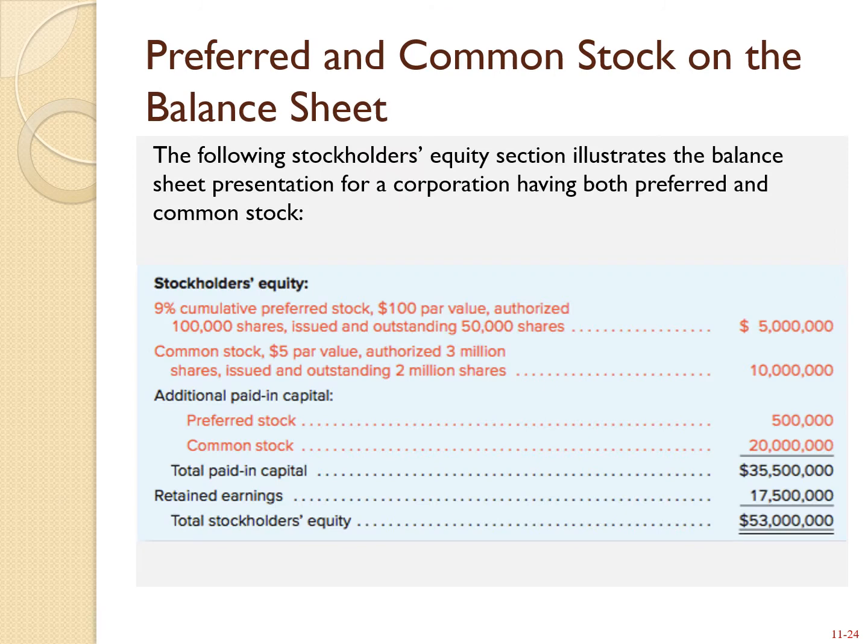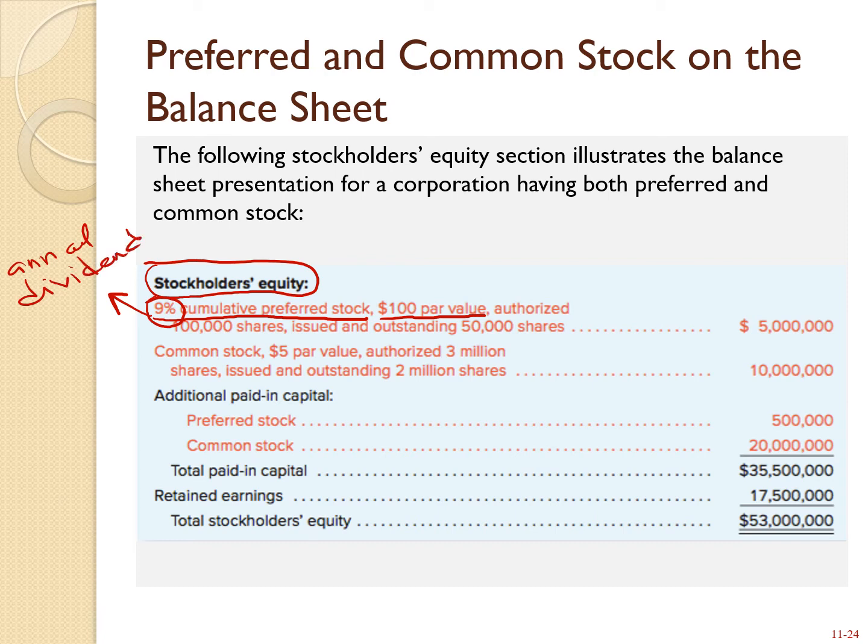So on the balance sheet, in the stockholders' equity section, you will see, for example, we start with preferred stock, 9% cumulative preferred stock, $100 par value. This percentage is the annual dividend payment as a percentage of par.